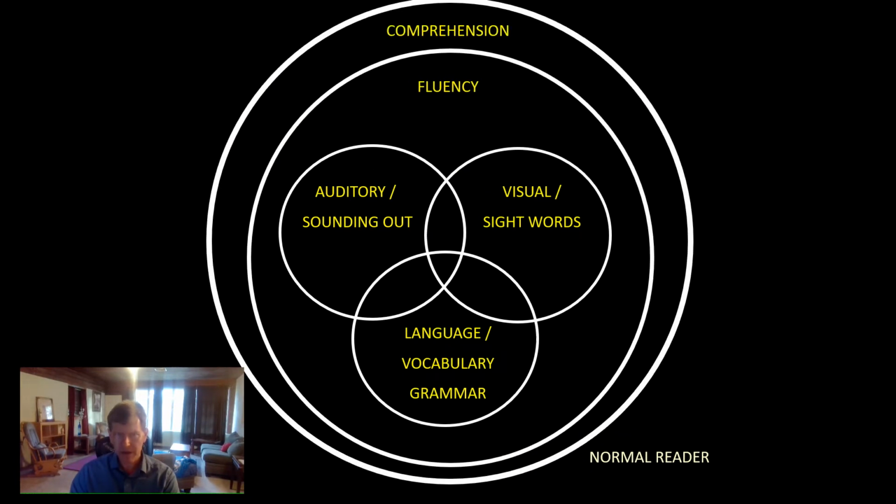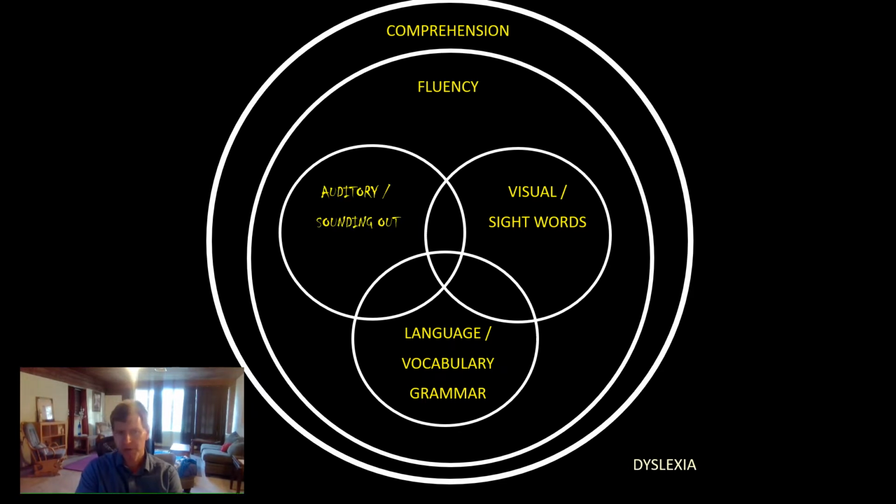When we understand dyslexia, in a normal reader, here's the way that basic language functions. You've got the ability to sound out words with auditory skills. You've got the ability to make sense of sight words, that's visual, and you've got appropriate vocabulary and grammar skills, appropriate language comprehension skills.